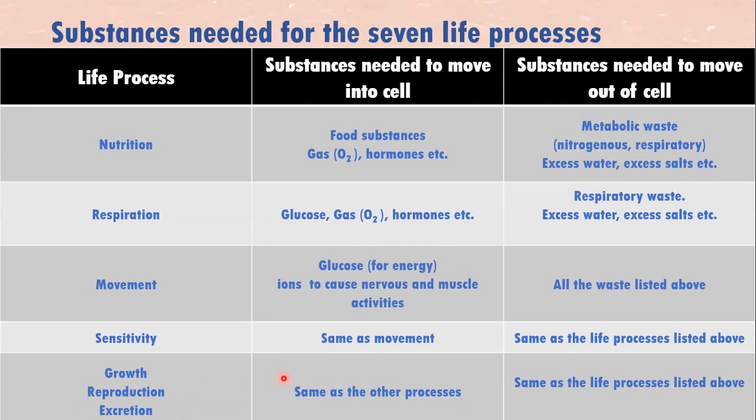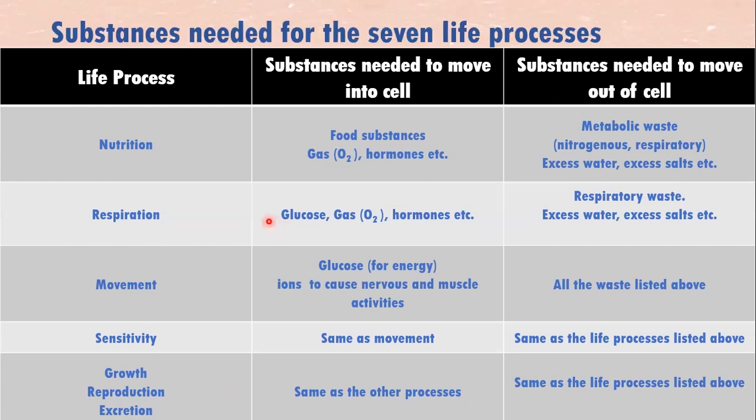So we have seen that for life processes to go on to keep the cell alive, nutrition, respiration, movements, sensitivity, growth, reproduction, excretion, we need all the substances we listed that should come into the cell.